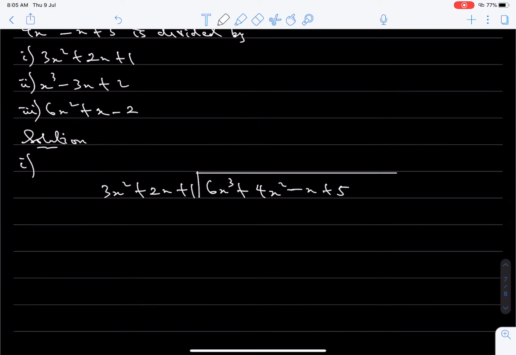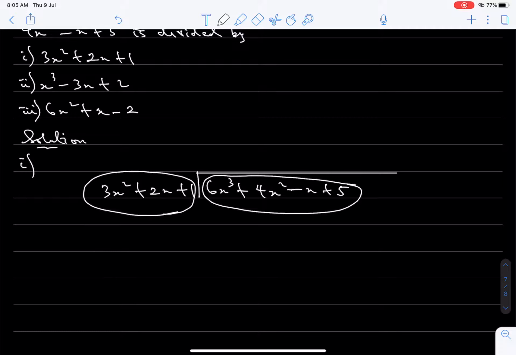By the way, what we are dividing is called a dividend. And what we are dividing it by is called a divisor. And whatever we get is called a quotient.